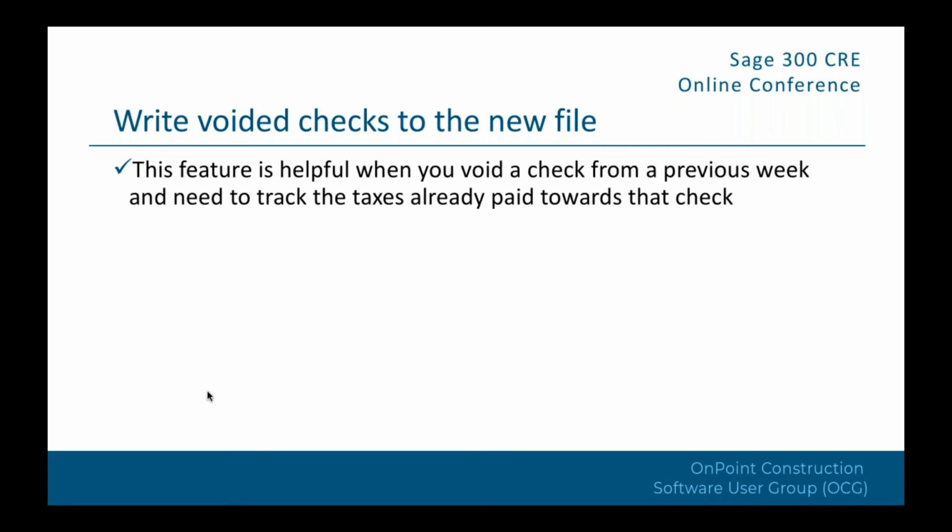So you have this new file that you're working up this week, and after checks have been written and just before you're ready to post, that you know that everything is good, nobody came back with checks that were wrong, and you get ready to post that, just before you post, run whatever your favorite report is for paying your 941 taxes, run that report, then post that new file.